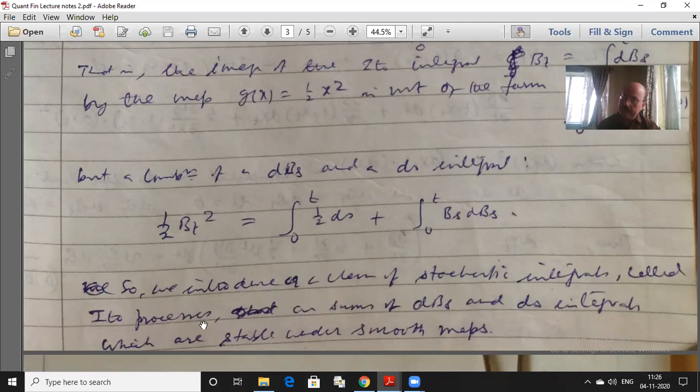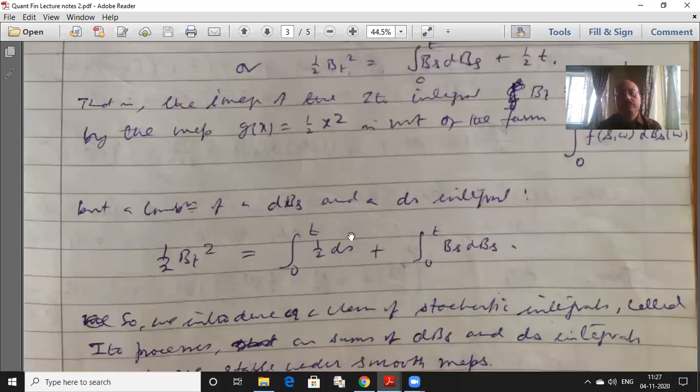So that's our definition of an Ito process, as a sum of dB and ds integrals. It need not be just one function here. I can have more than one, but there will always be two types. But these sums are stable under smooth transformations. So now if I apply a new function f on this, I will again get back a sum of a dB and a ds integral.